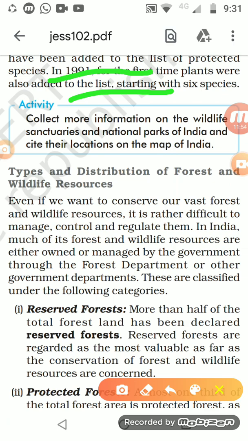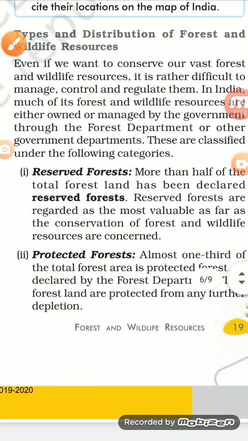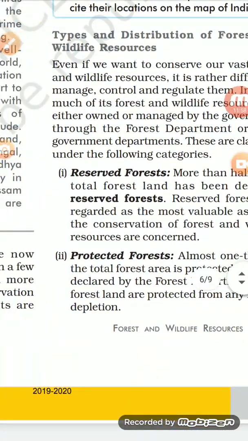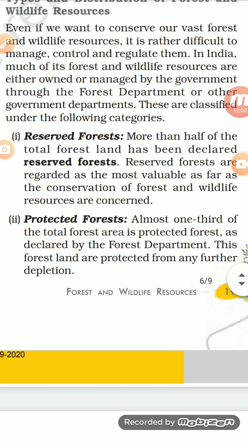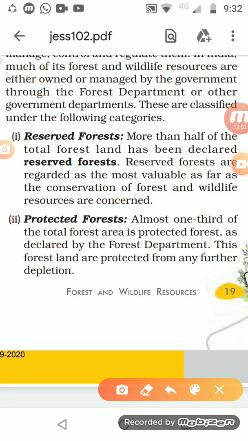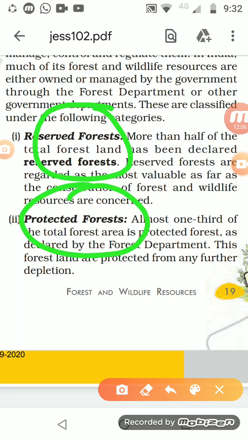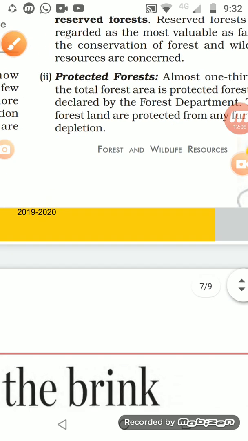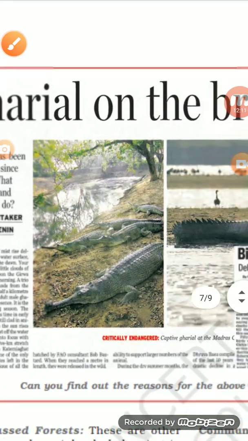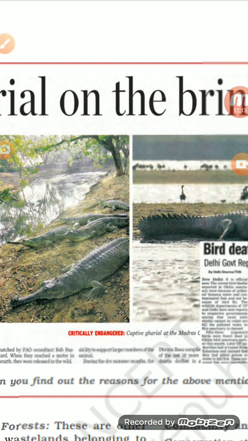Now we have the types and distribution of how many types of forest we have. Children, it is very clearly given here. You can remember it: reserve forests, protected forests. Now one very nice example is given here, children. Ghadiyal on the brink. You know what is a ghadiyal?